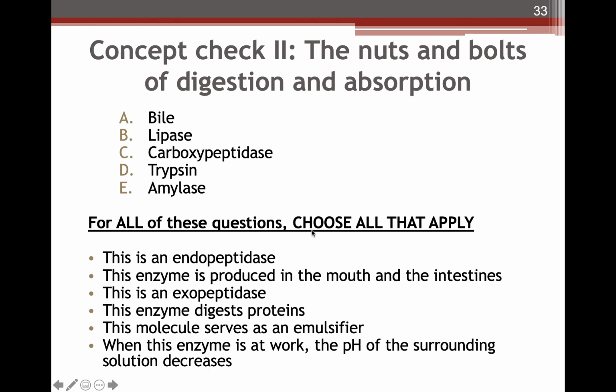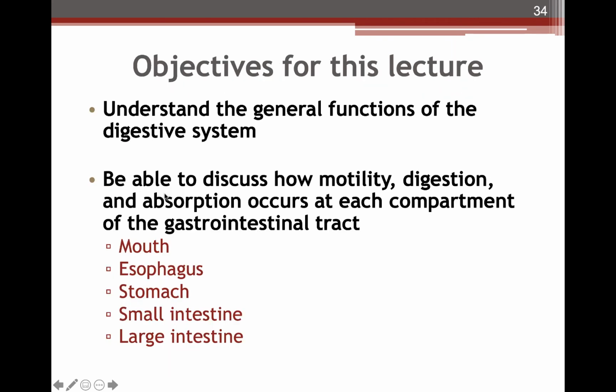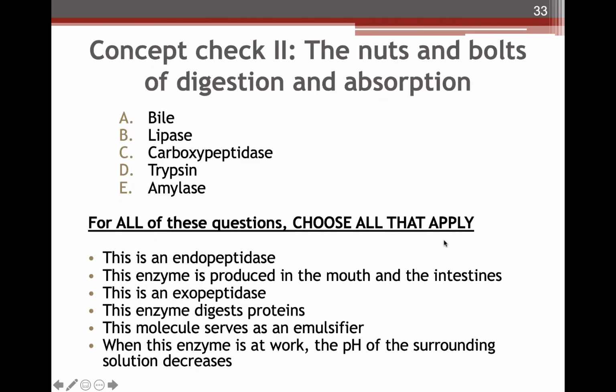And these are choose all that apply, so there may be more than one answer to these questions. So make sure when you answer the question, evaluate all of these answers. You won't see those kinds of questions on the final exam. I don't do choose all that apply very much anymore. But as far as I recall, those are not on the final exam. So it'll be pretty straightforward.